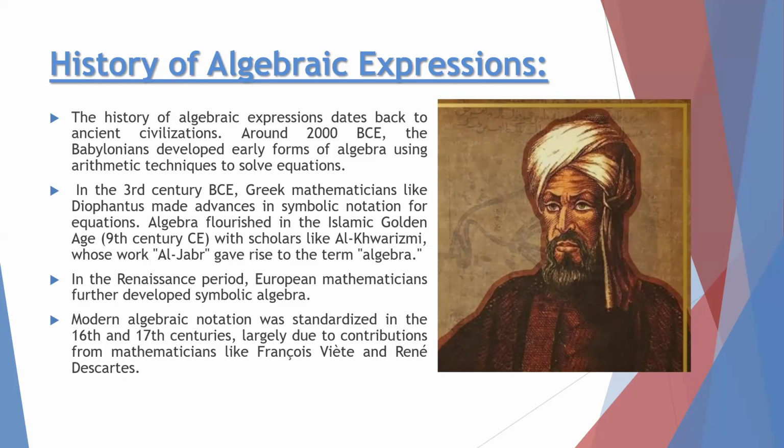In the 3rd century BCE, Greek mathematicians like Diophantus made advances in symbolic notation for equations. Algebra flourished in the Islamic Golden Age, with scholars like Al-Khwarizmi, whose work Al-Jabr gave rise to the term algebra.